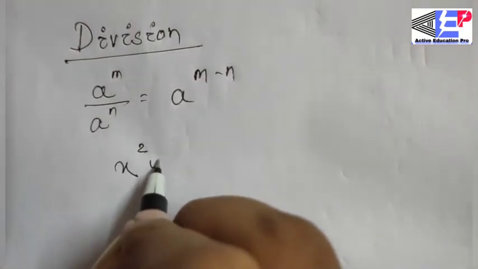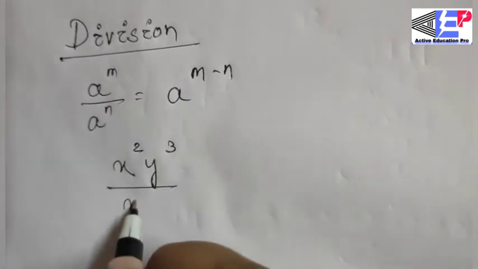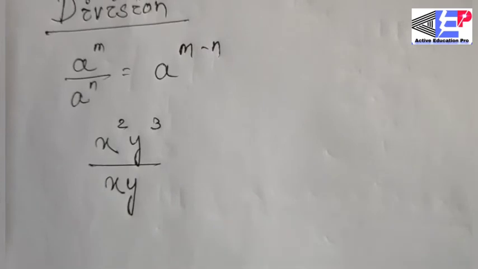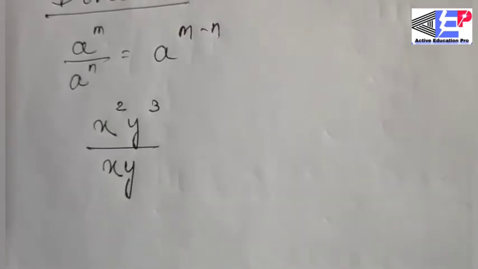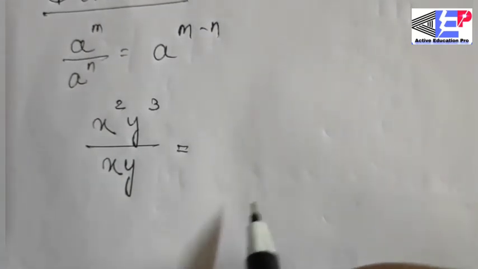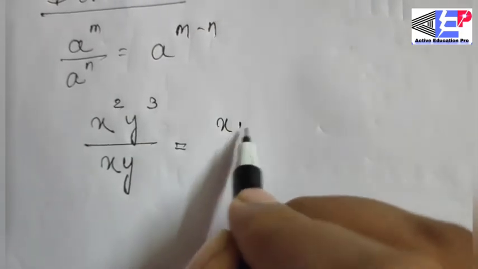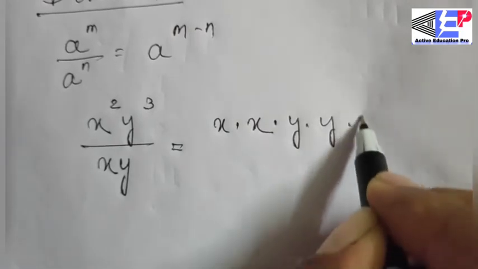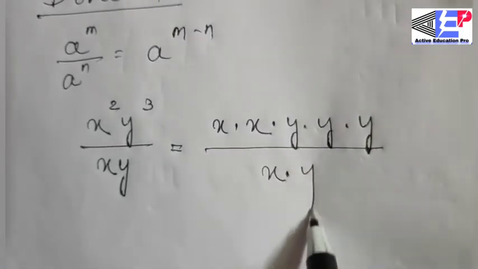x square y to the power 3 divided by xy. Simply we can solve it by the factorization method. First factorize the numerator and then divide by the factorization of the denominator. Then x square will be x into x, y cube y into y into y, divided by x into y.